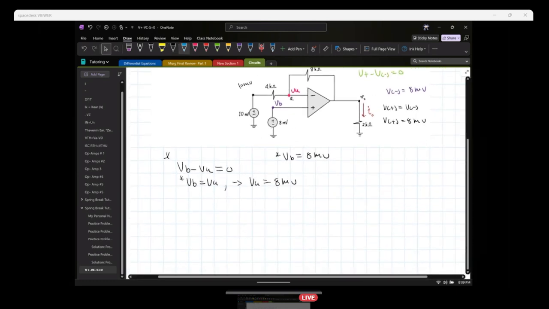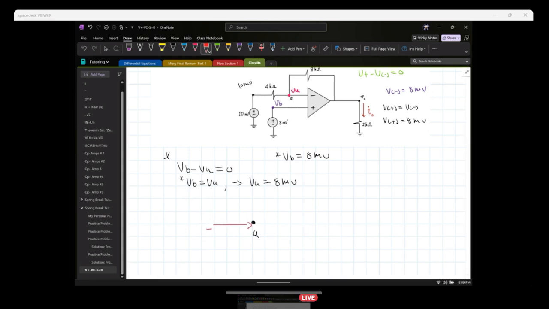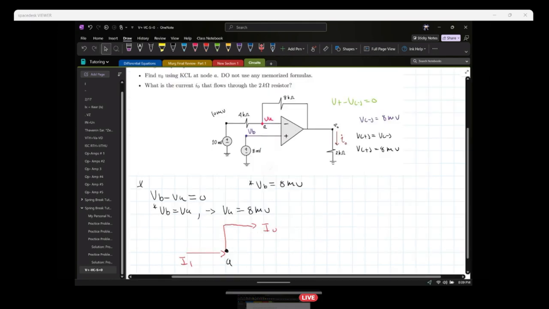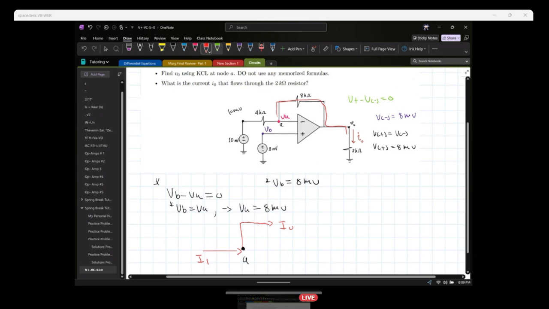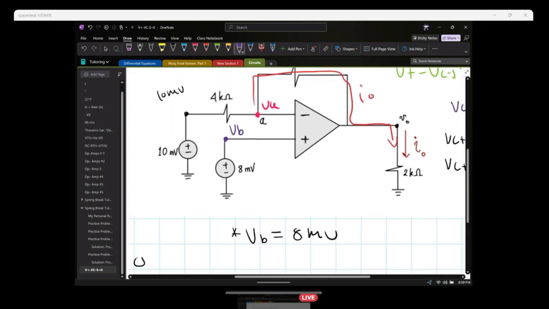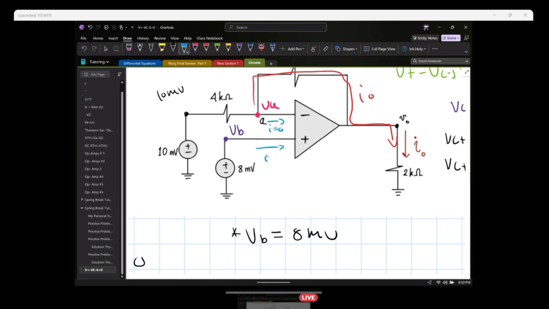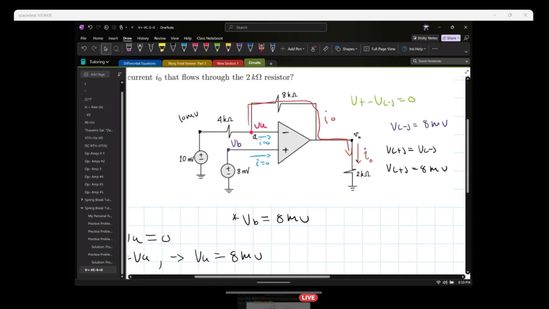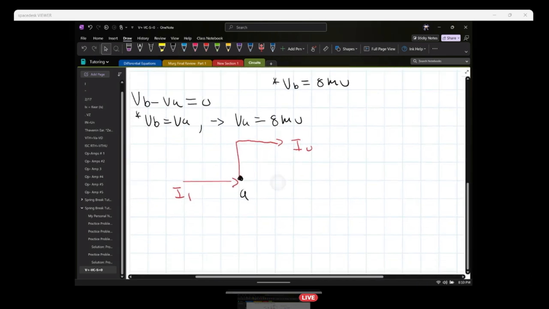We apply KCL at the node. The thing is though, it's ideal, no currents, which is why the current only flows upward. So we're gonna solve for I.